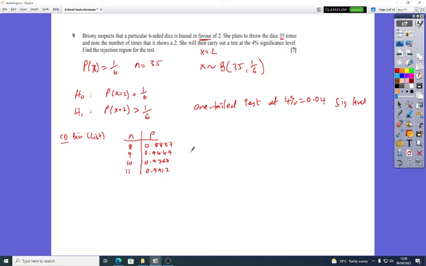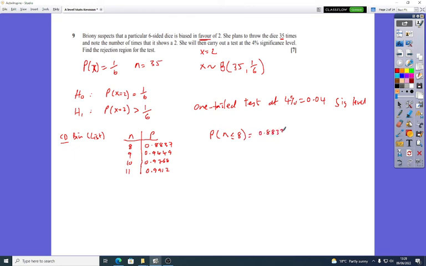Now we talked about cumulative frequency, and I'm going to elaborate here. What this means is the probability of getting a number of successes with probability 1/6. If that's fair, the chance of n being less than or equal to 8 would equal that.